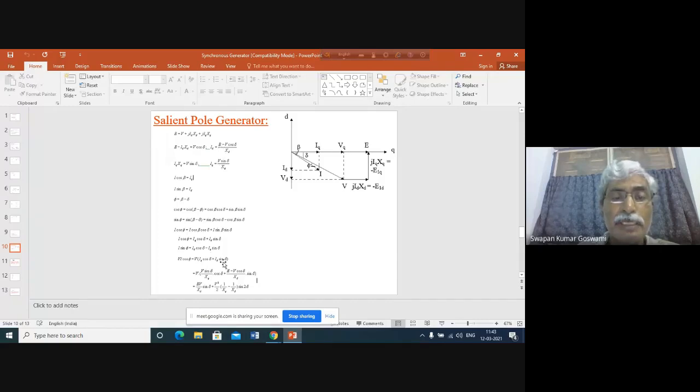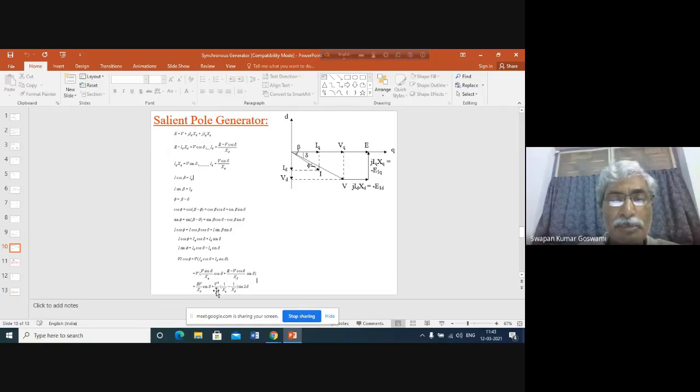Putting the values, you have V into V sine delta by XQ into cosine delta plus E minus V cosine delta by XD into sine delta. So rearrange it and you will obtain V into E by XD sine delta plus V square. Here you have V square, here also you have V square.